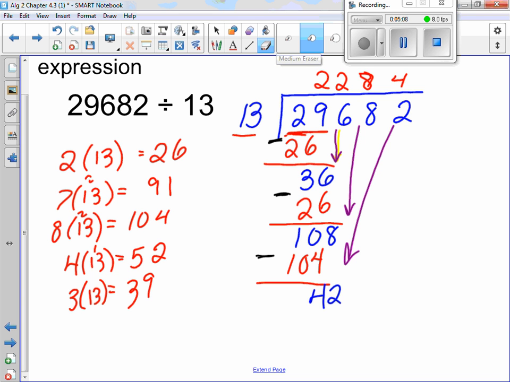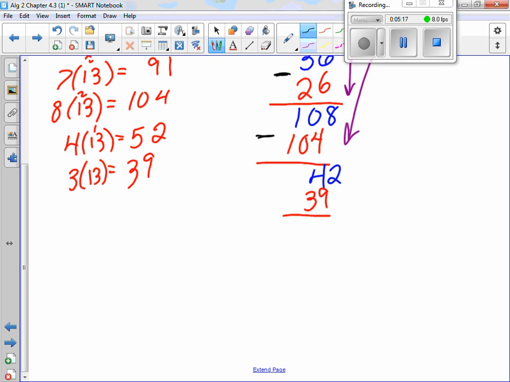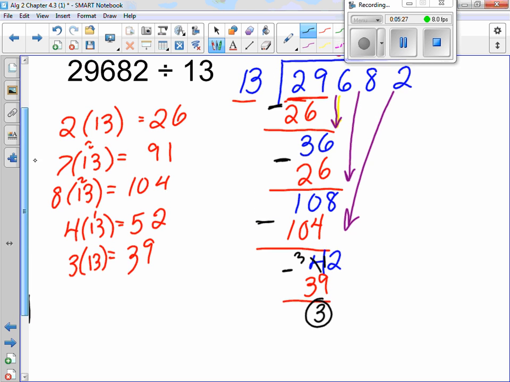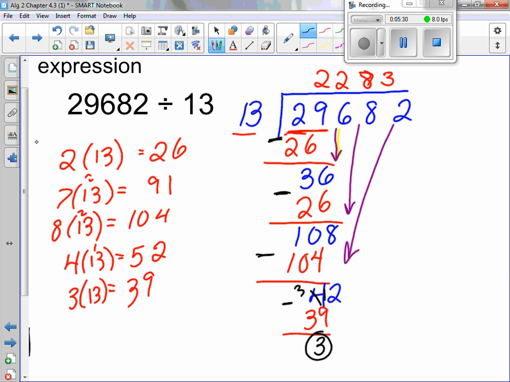And 3 times 1 is 3. And if we subtract this here, we're left with a remainder of 3. Well, 3 over 13. Because when we do a remainder, we always take whatever the remainder is over what we were dividing by.